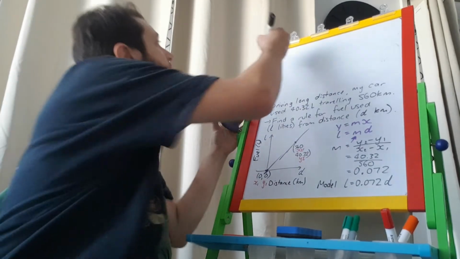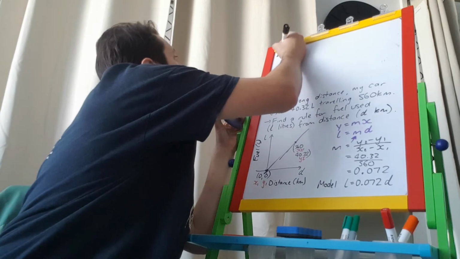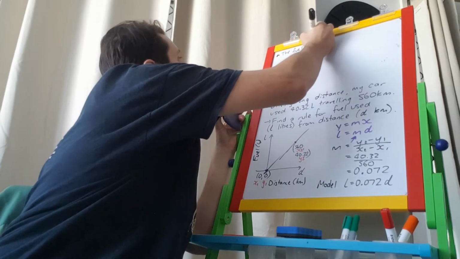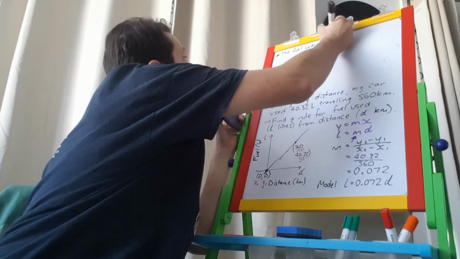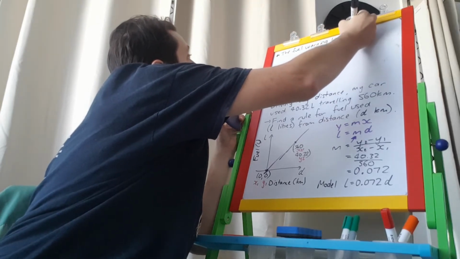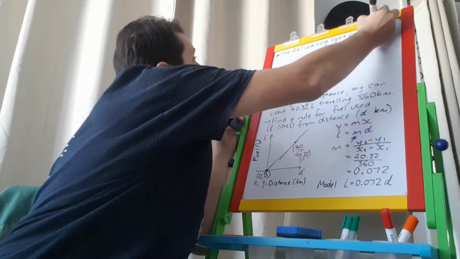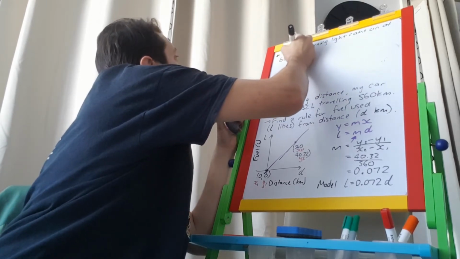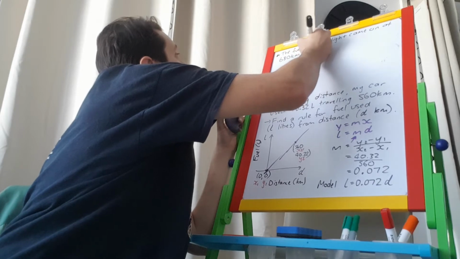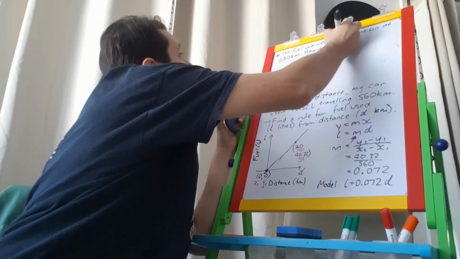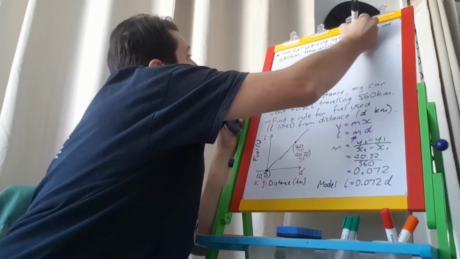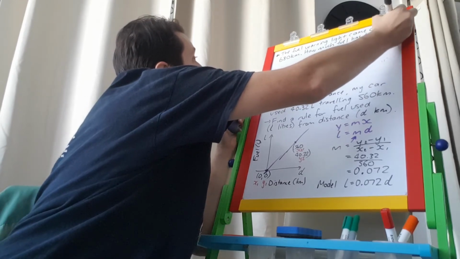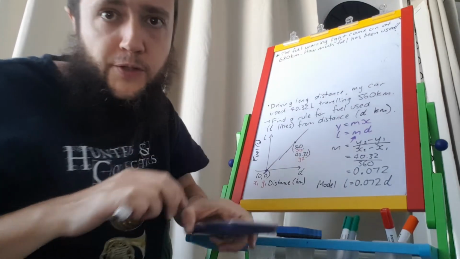The fuel warning light came on at 680 kilometres. How much fuel has been used? That can be the first question.